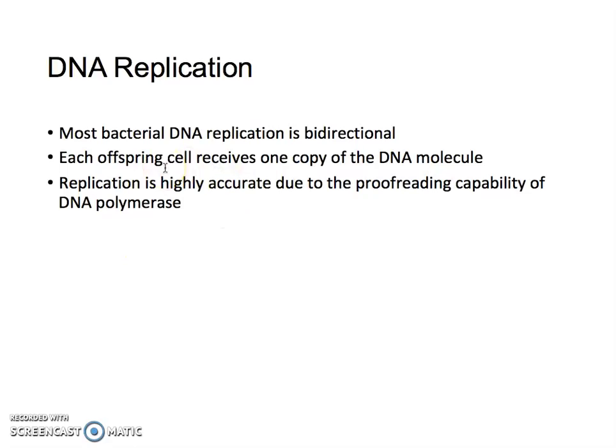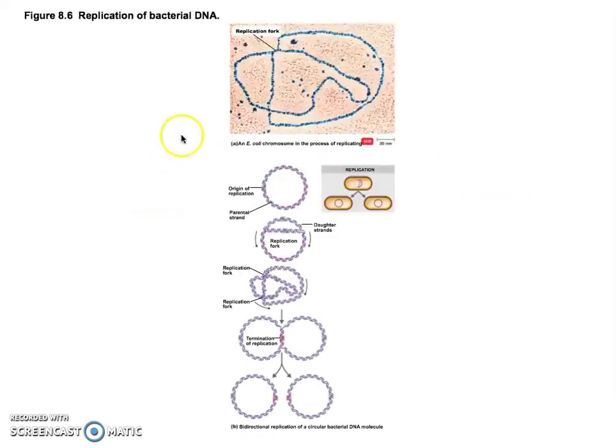That proofreading function is of the utmost importance, because if proofreading is poor, there's going to be an even higher rate of mutation. So this is that bidirectional fashion. So you have a replication fork here and here, and you can see then they just kind of separate like two paired rings.